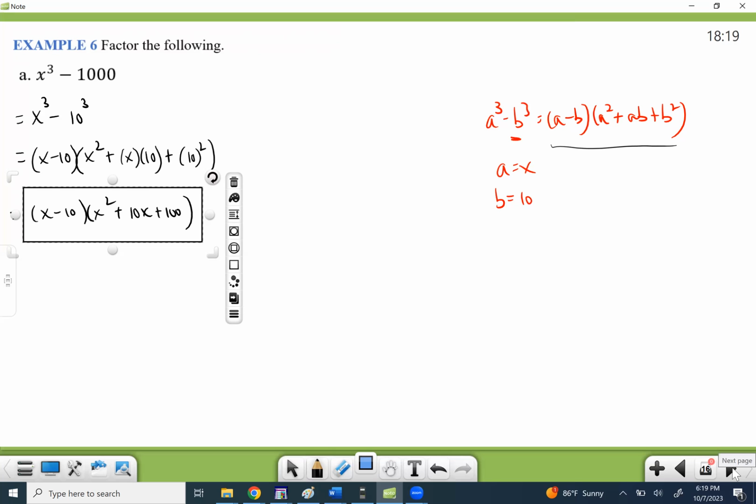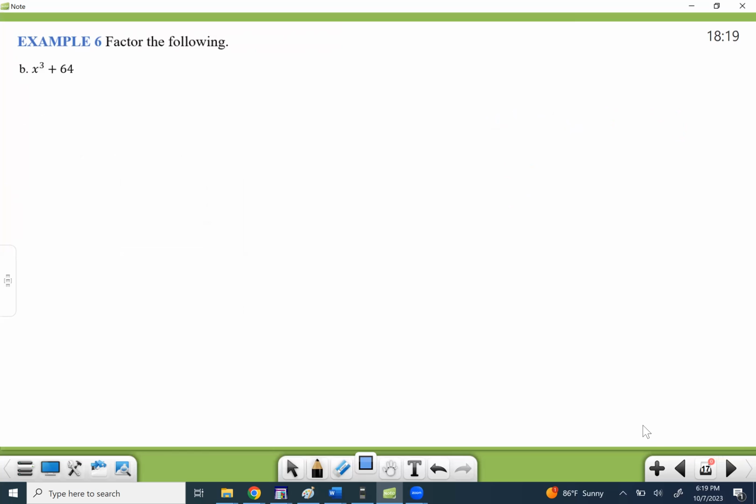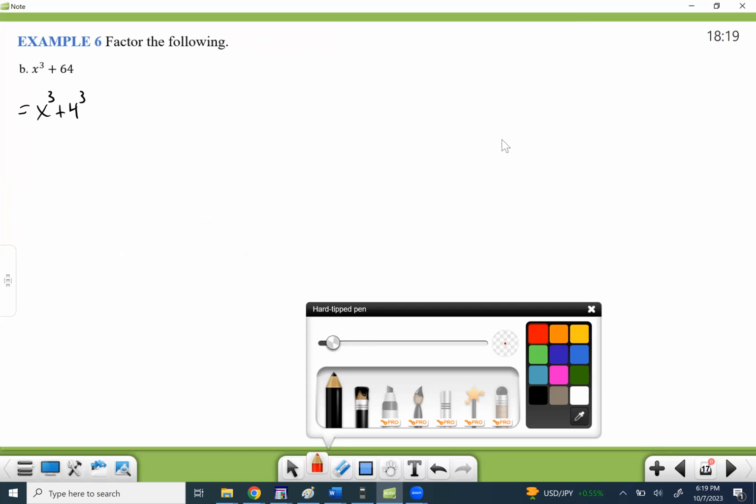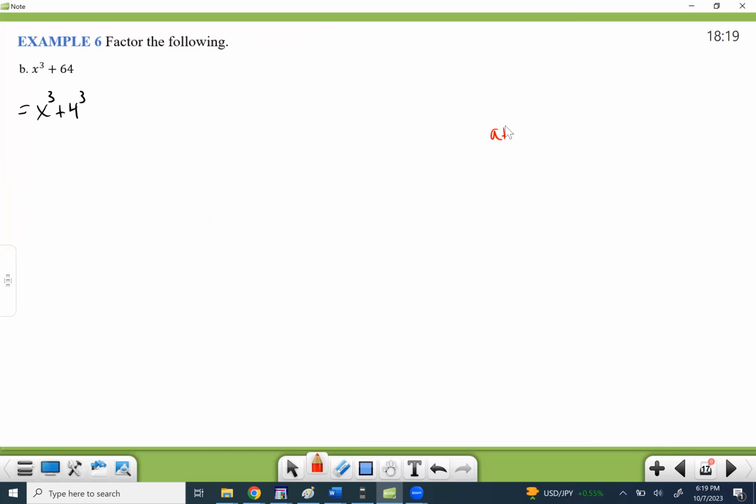Okay. Let's do a bunch more until we become pros, guys. All right, so we're going to start off by writing this as a sum of cubes. So if you recall, we said 4 to the third is 64. We look back at our list. So we're going to use the sum of cubes formula.